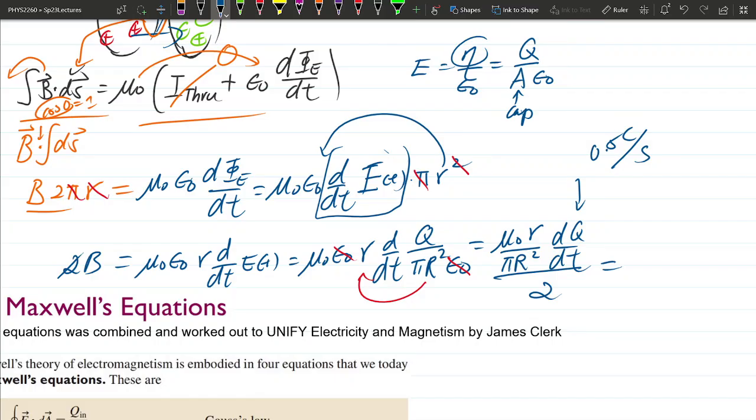What's mu naught? Mu naught is 8.85. No, that's epsilon naught. Mu naught is 4 pi times 10 to the 12, sorry. Is that right? Should I look that up?